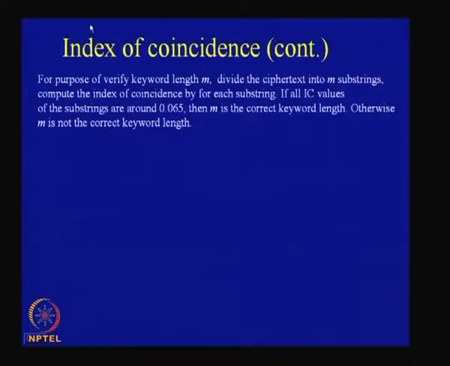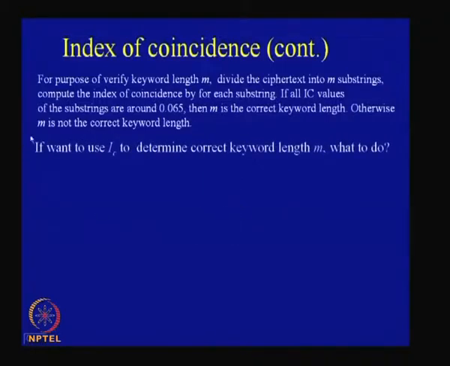So to verify the keyword length m, you divide the ciphertext into m substrings and compute the index of coincidence for each substring. If all the IC values of the substrings are around 0.065, then m is the correct keyword length. Otherwise, m is not the correct keyword length.